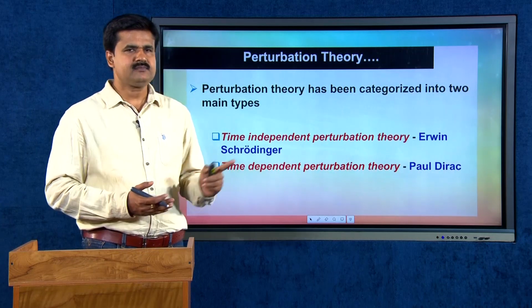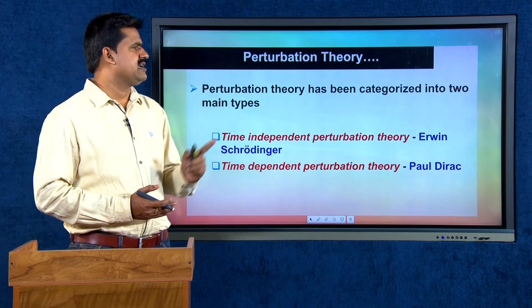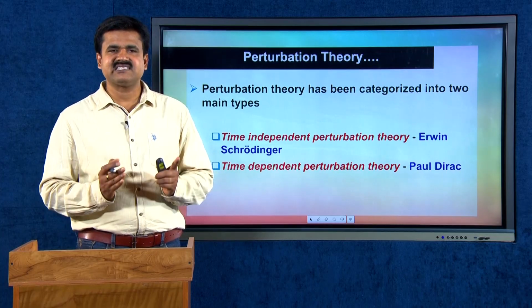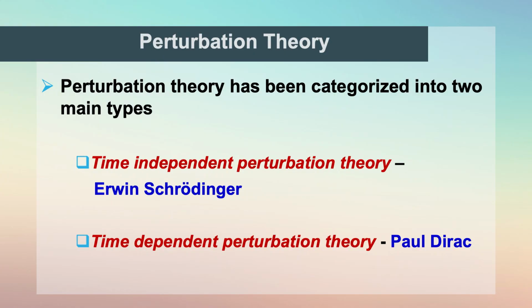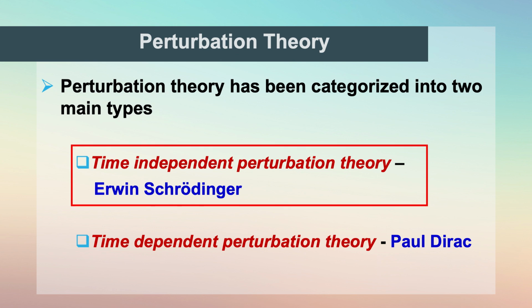Now, perturbation theory has been categorized into two main types. The first type is known as time-independent perturbation theory, and this is proposed by Erwin Schrodinger.